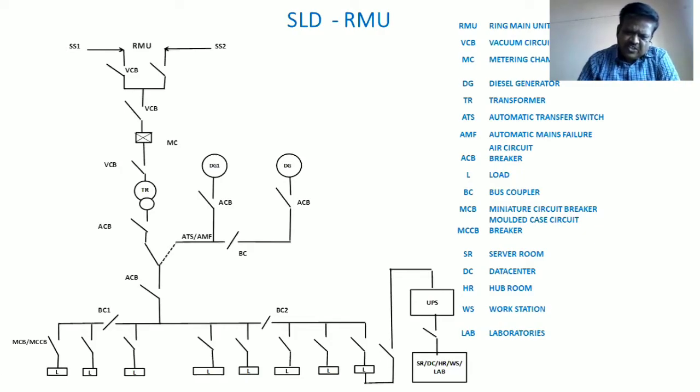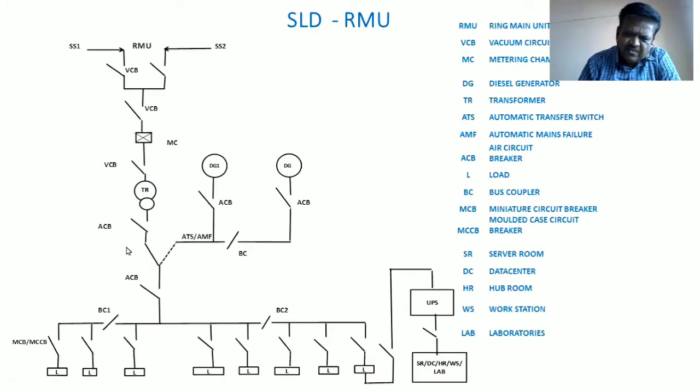So now we can clearly see that your transformer is connected to both HT and LT. And one more piece of information here: on this HT side, you can see only VCBs, vacuum circuit breakers, connected here. Again, from the secondary side to the dead end, you cannot see a single VCB here.